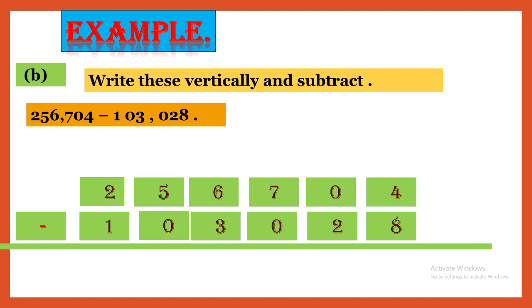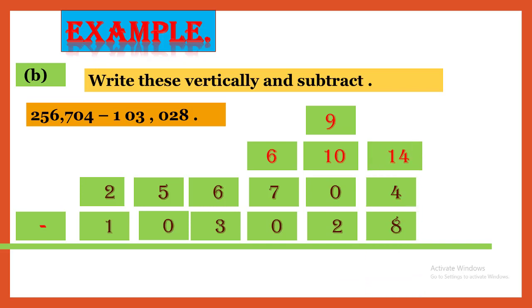Here is 7. When we take 1 carry from 7, it will become 6, and look at the previous column, 1 will become 10, and when we take 1 carry for our first column from 10, 10 will become 9, and in the first column 4 will become 14.